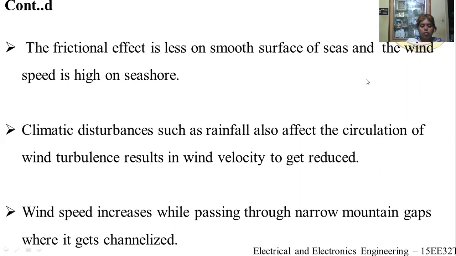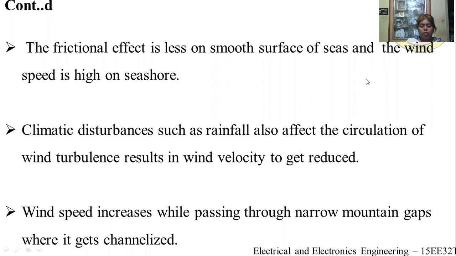The next factor is climatic disturbances such as rainfall, which also affect the circulation of the wind. Turbulence results in the wind velocity getting reduced.